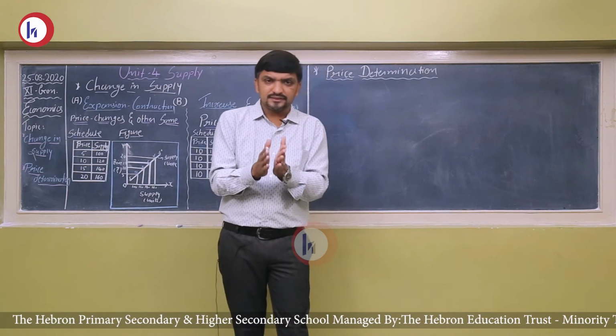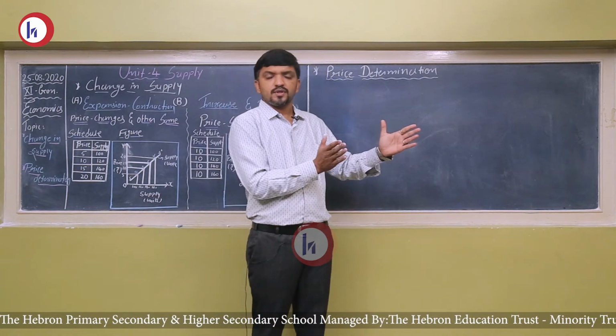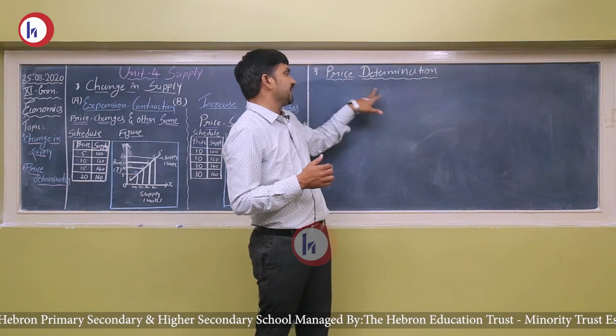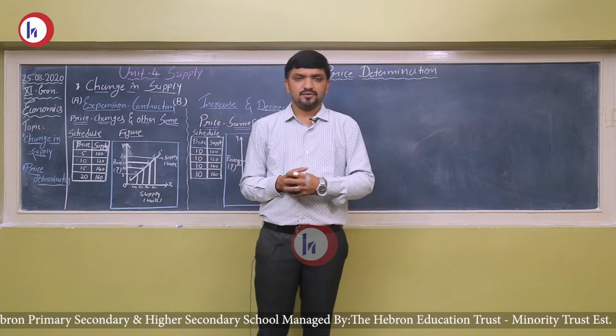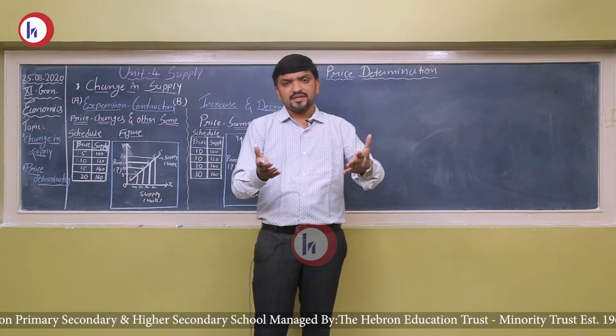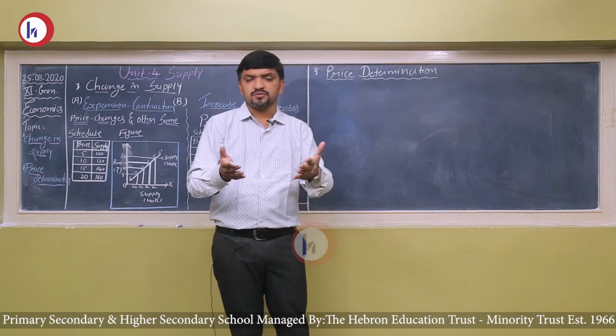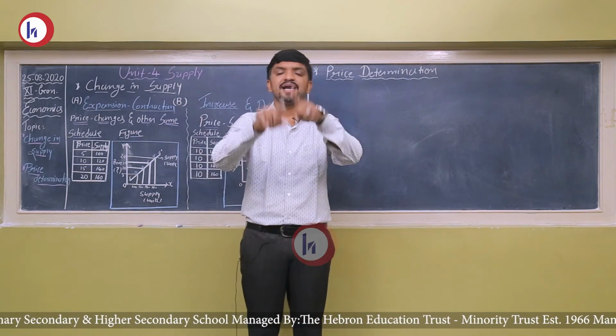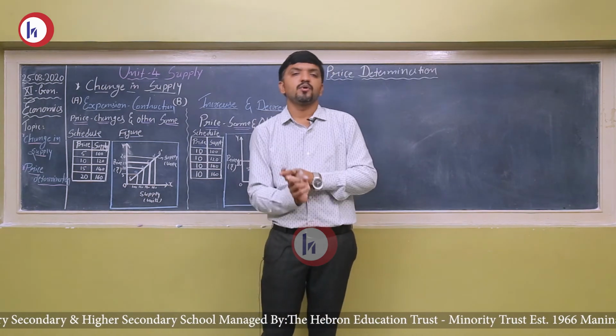The process through which price is determined is known as price determination. So I can write, price determination refers to a process of determining the price of the commodity with the help of demand and supply of that particular commodity.